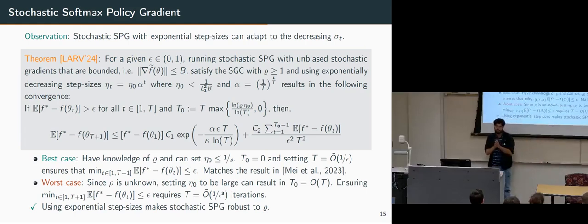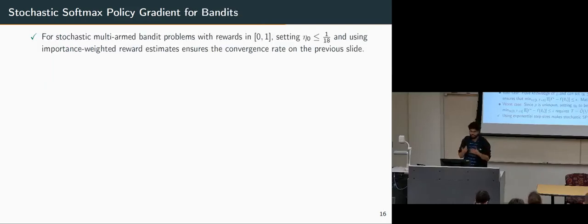If you can nail down the rho exactly, you will converge fast, so you don't lose anything compared to a constant step size. If you do not know rho, instead of diverging, it is just going to slow down. So this is some additional robustness that these exponential step sizes buy you. Your rate can basically interpolate between 1 over epsilon and 1 over epsilon cube, depending on how you set eta 0.